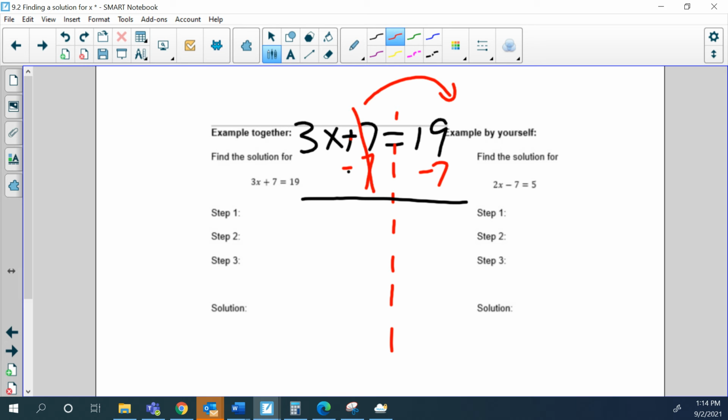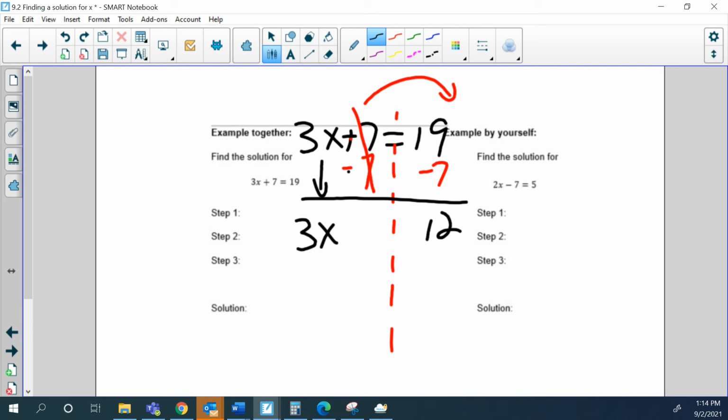So on the left side, all I have left is just my 3x. I'm going to bring that down. So that's going to give me 3x right there. That's all I have left on the left side. On the right side now, I have 19 minus 7, and that gives me 12. Now I have 3x.